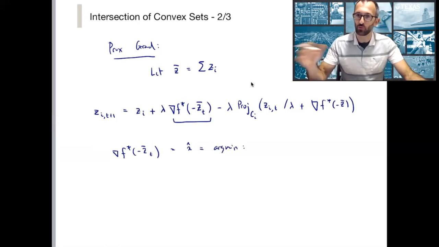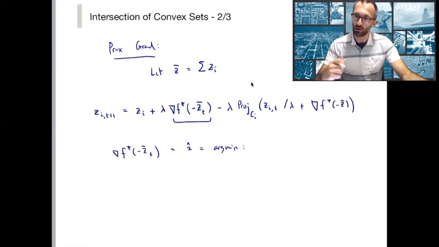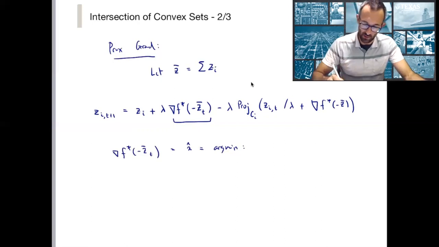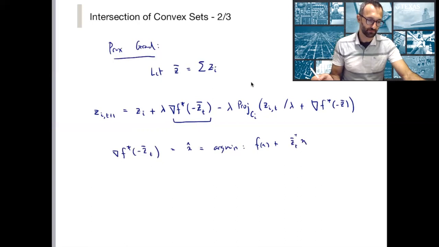Again, remember, assuming strong convexity of f gives me smoothness of f star. It also gives me uniqueness of this argmin, which is why I'm writing equals throughout, of f of x plus the sum of zi, or z bar, transpose x. And then zit plus 1 is just what's written above.